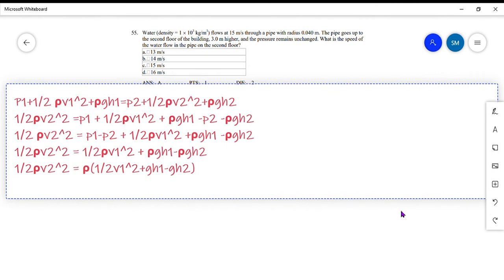Great. After taking rho as a common factor, we will take g as a common factor here.